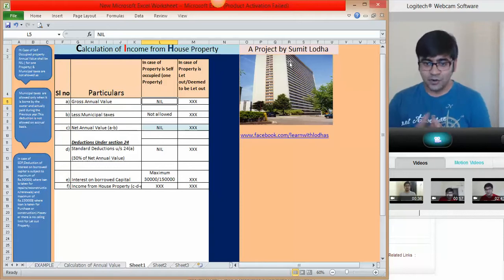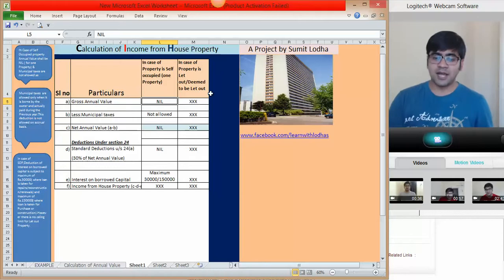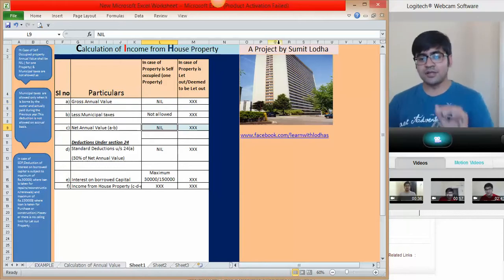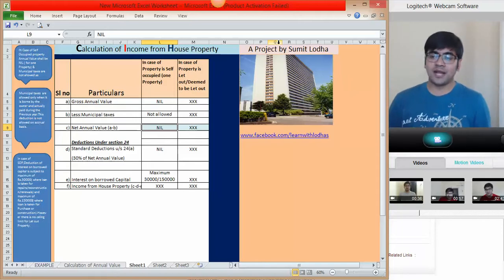My answer is no, because the law has made the net annual value for self-occupied property nil. Once this value has become nil, you can't take the benefit of municipal taxes at all. So in academic terms, the gross annual value is nil, municipal tax is not allowed, and the net annual value will also be nil for a self-occupied property.